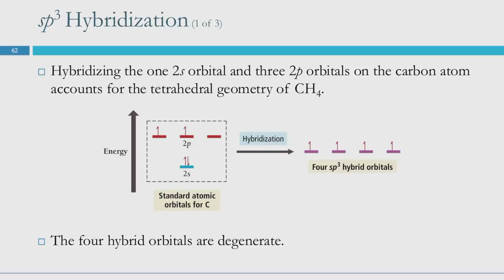It looks like we've got 2 unpaired electrons. That would let us form 2 bonds with our valence bond theory. However, if we hybridize, we blend our s and 3 of our p orbitals together, we get 4 sp3 orbitals. So s and all 3 p orbitals blended together.